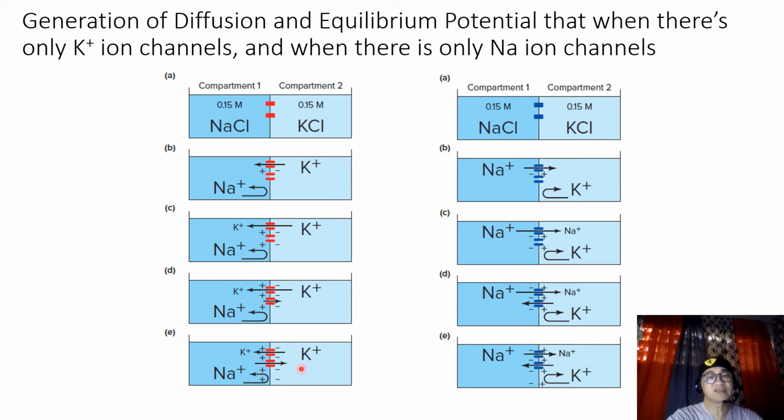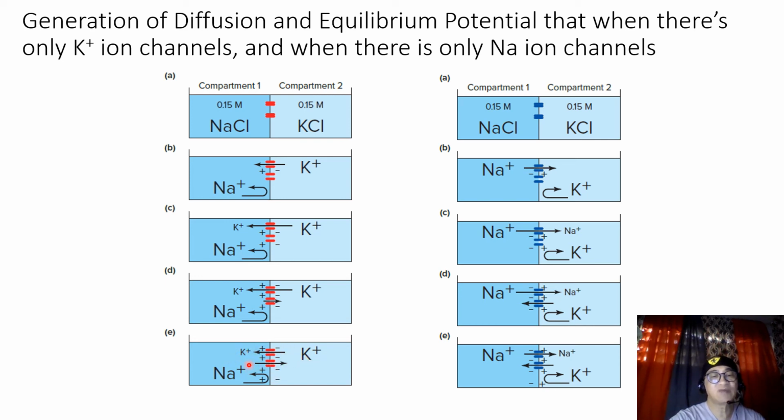membrane potential is established wherein the compartment 1 side of the membrane is positive, whereas the compartment 2 side of the membrane is negatively charged because of the greater potassium diffusion from compartment 2 to compartment 1.